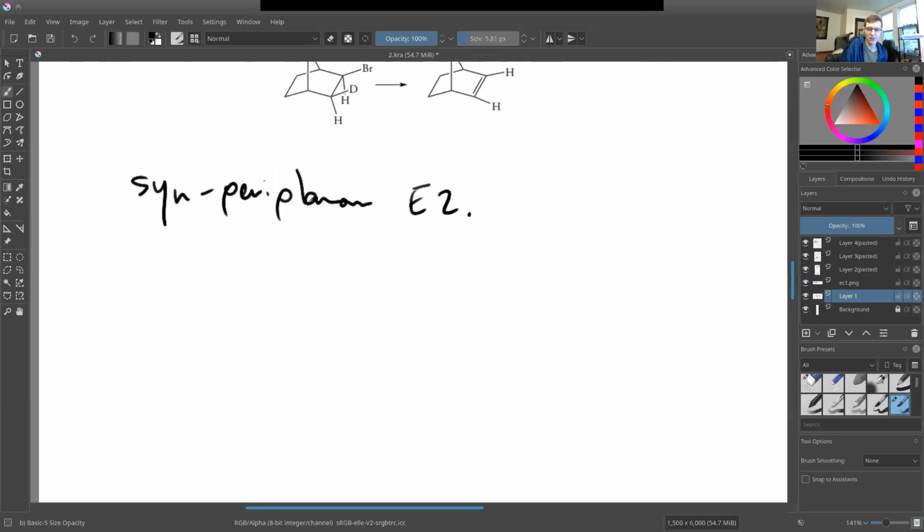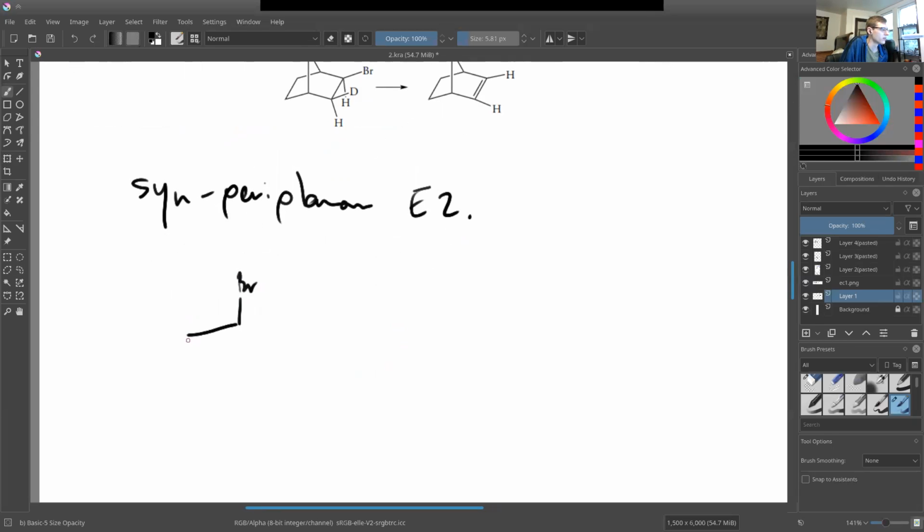So the idea is that when we have these two things opposite, what we're able to do, remember that when we form a double bond, we have these pi orbitals, right? And they're sticking up and down, and going this way.